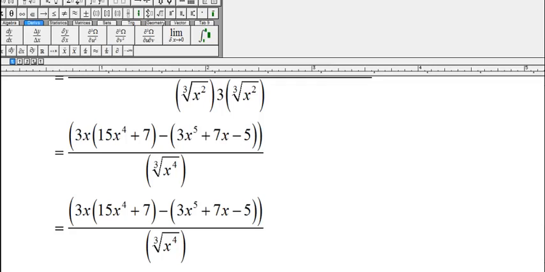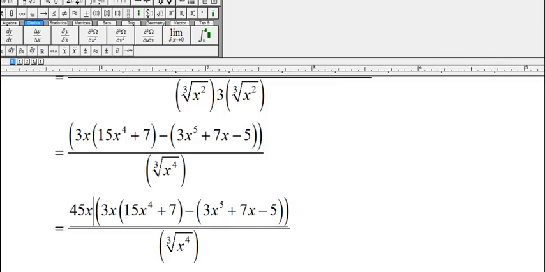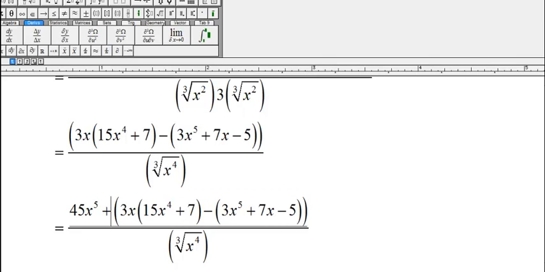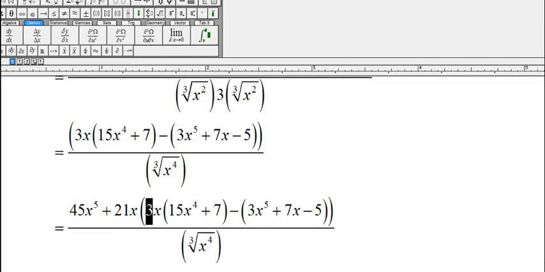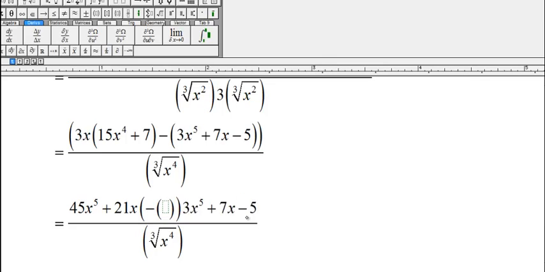Now let's do some multiplying out here on the top. So 3x times 15x to the fourth is 45x to the fifth. And then we've got 3x times 7, so that's plus 21x. So that took care of all that. And then we take this guy here, and we want to distribute a minus 1. So it just changes all the signs.